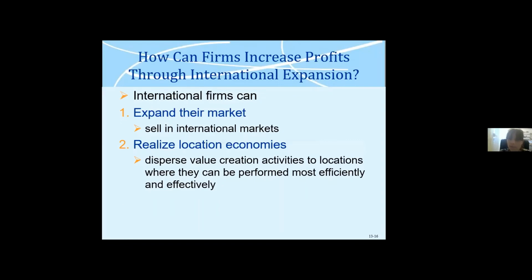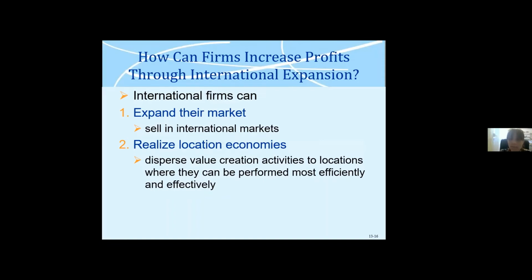Another question that arises is how can a firm increase profits through international expansion? Usually we say that expanding globally allows firms to increase their profitability and rate of profit growth in ways not viable to domestic enterprises.